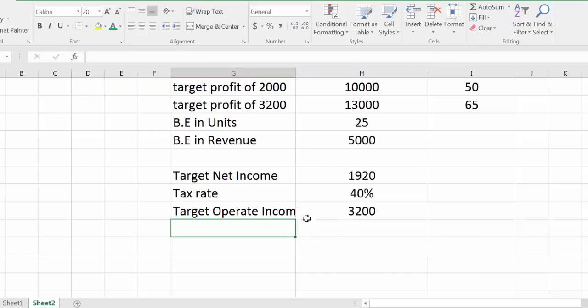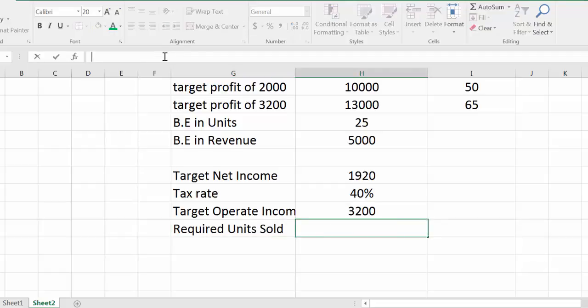Let me get back to this Excel file. So now we're looking at required units sold.